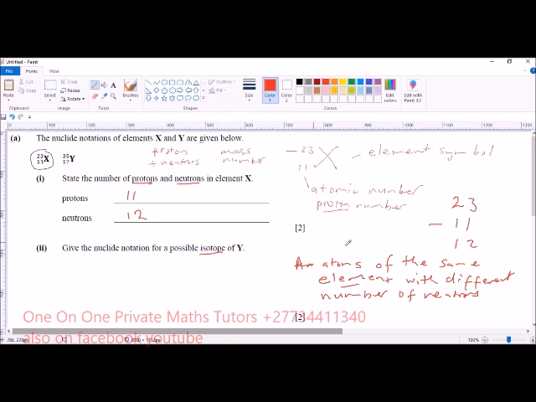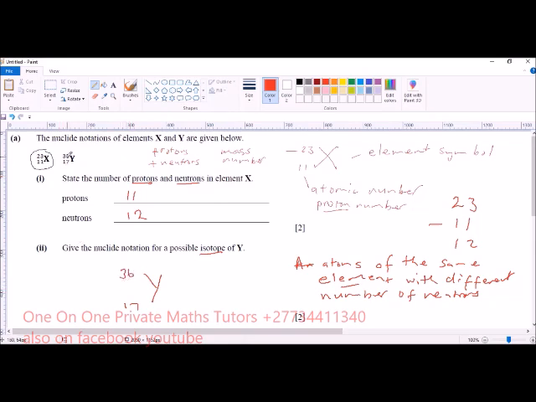So if it is copper, it should have the same number of protons, but different atoms can have different numbers of neutrons. So we can take this Y, it should have 17 protons. An isotope of this one can have 35, 36, 37. So let's just put 36 there.